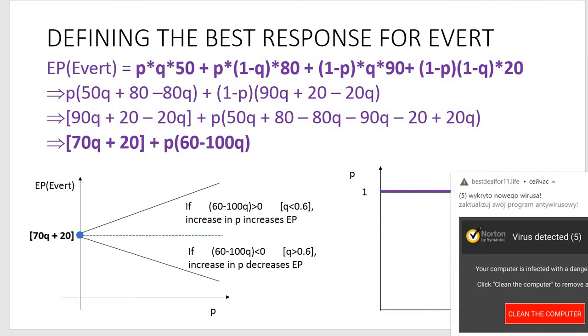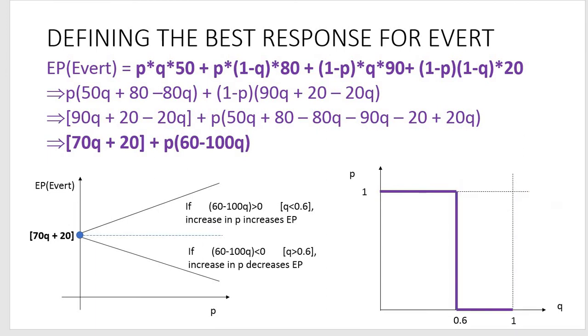If 60 minus 100q takes a positive value, which implies that q takes the value below 0.6, then the slope of this function is positive, which means that expected payoff of Evert increases as probability she chooses DL increases.